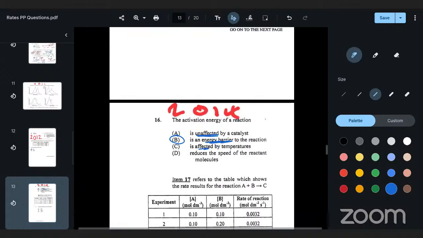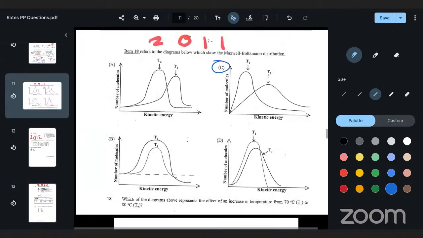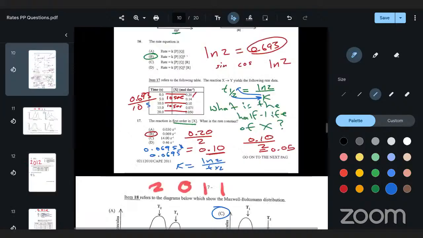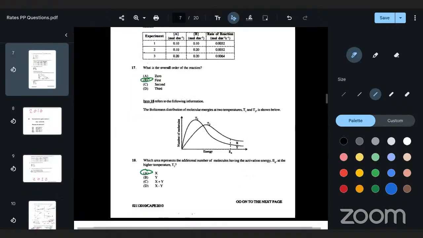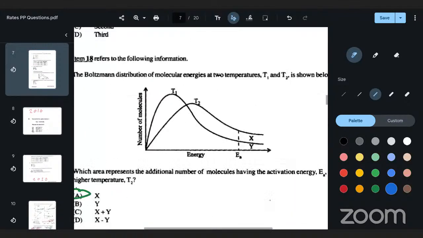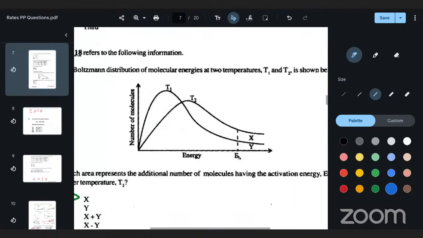So if we look back at the graph, let me scroll back up a bit and show you what we mean. If you notice the x-axis is the energy. You see all the molecules in this area, they will not lead to a reaction.